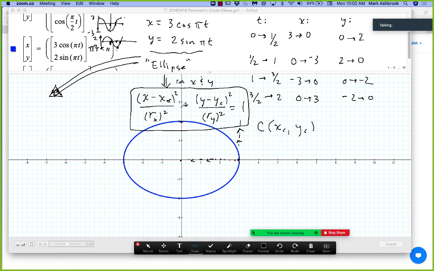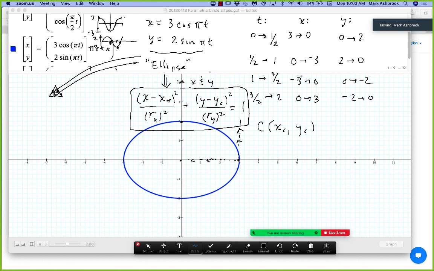What was the key idea, that bridge that we worked on in the last problem?